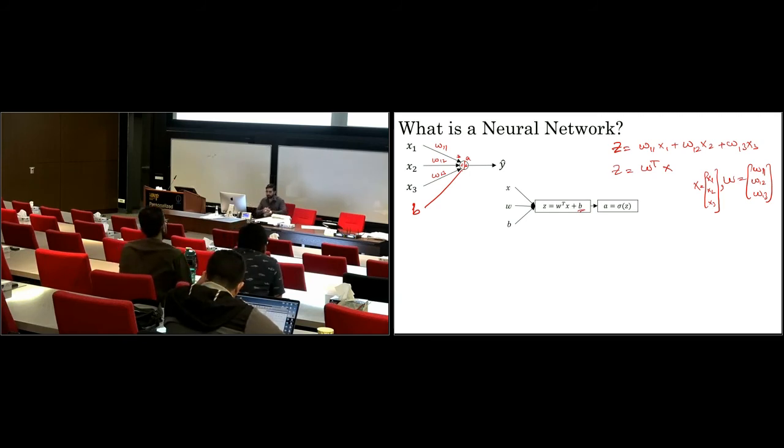Okay. And then the activation function, so Z is this. And the activation function is just a sigmoid of Z. Okay, and this gives you y hat. Y hat is your hypothesis function.